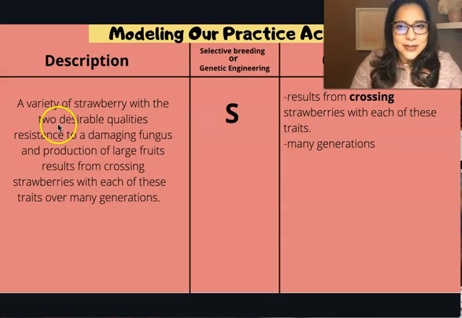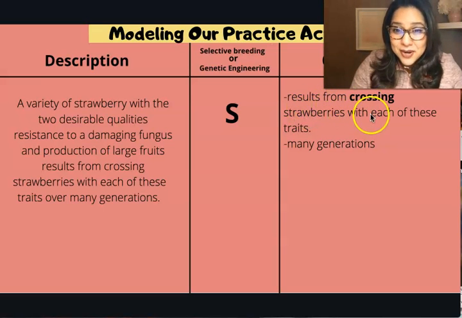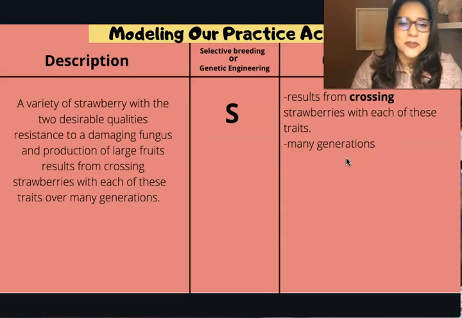So some of the clues I picked out were results from crossing strawberries with each of these traits. And a second clue I picked up was many generations. It's not a quick process. It takes place over a pretty good length of time. And so those 2 clues helped me come to the conclusion that this is describing selective breeding. And so I went ahead and I put an S for selective breeding.